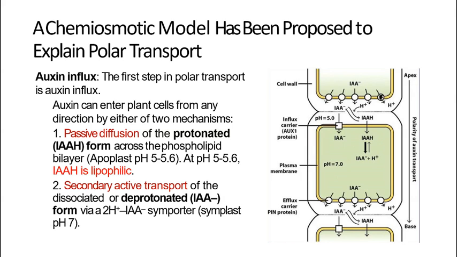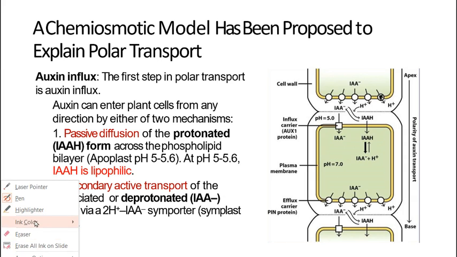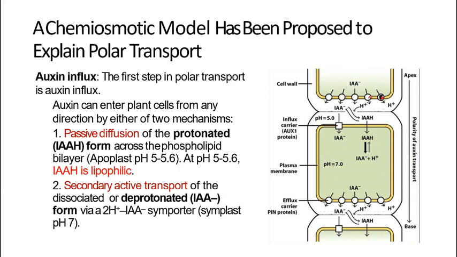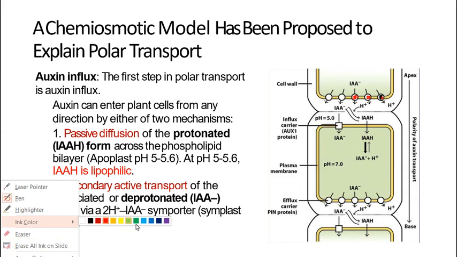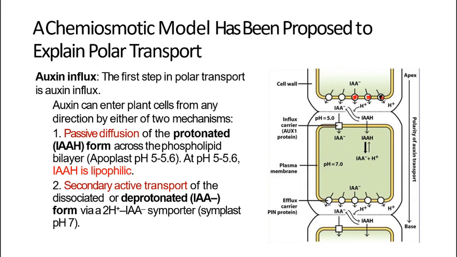And the purple ones, which I'll color here, are the PIN proteins. The ones which are transporting IAA inward are the auxin proteins, and the ones which are releasing, which help in efflux, are the PIN proteins.